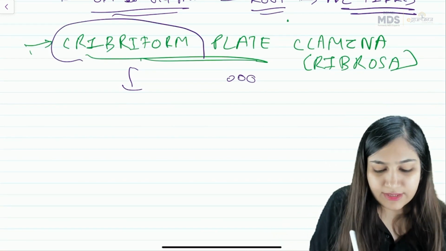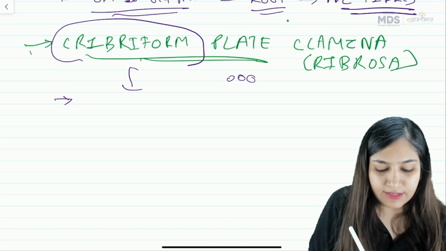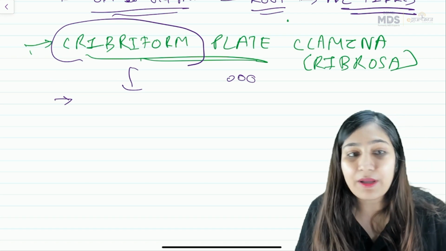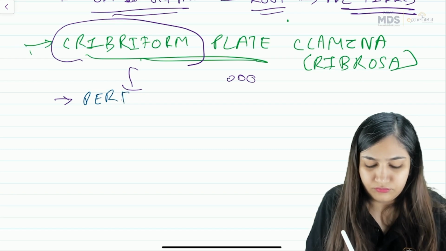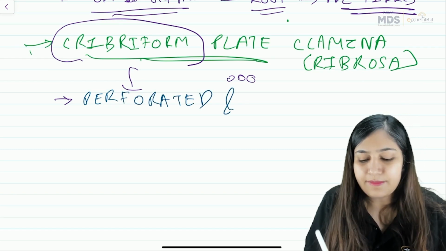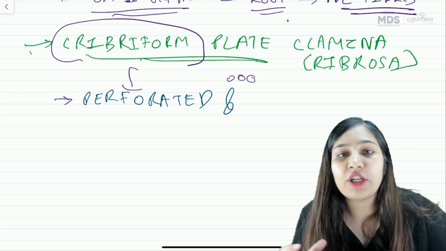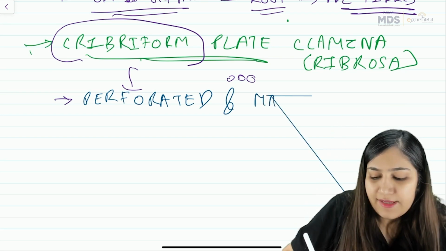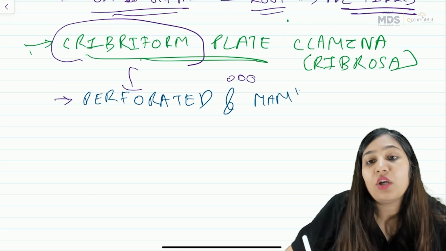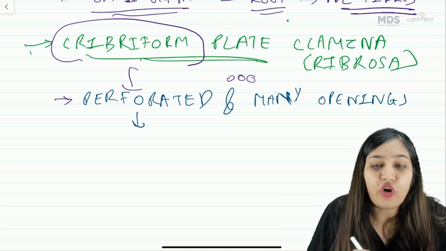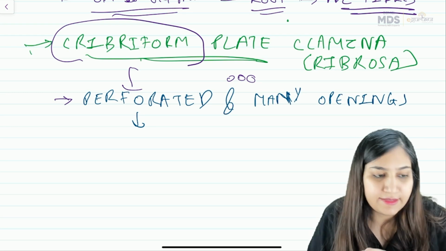So why is it known as cribriform plate? Because it is mainly perforated and has many openings for intraalveolar nerves and vessels.